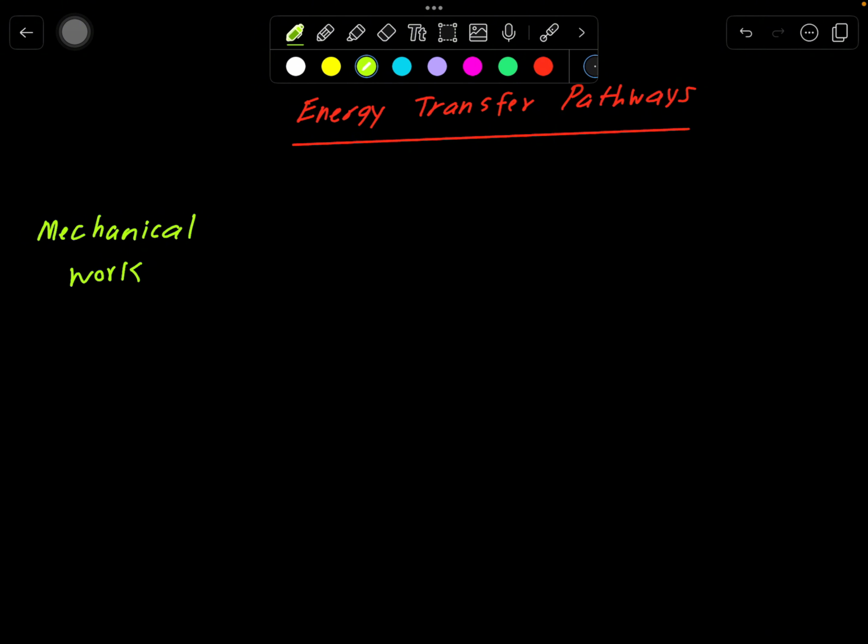The first one we have here is mechanical work. Whenever a force acts on an object, for example, by pulling, pushing, stretching, or squashing something, we say that energy is transferred by the mechanical pathway.